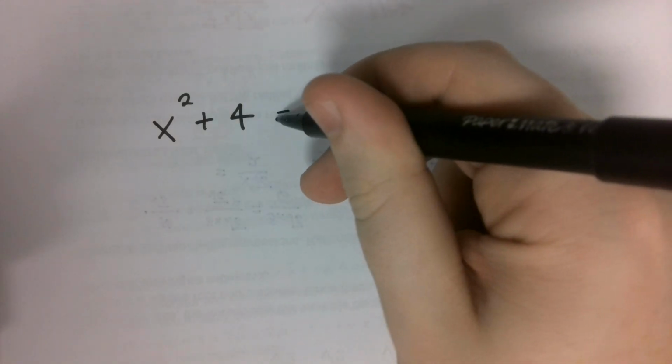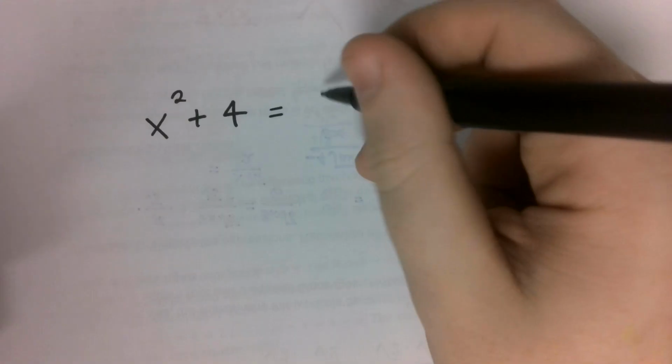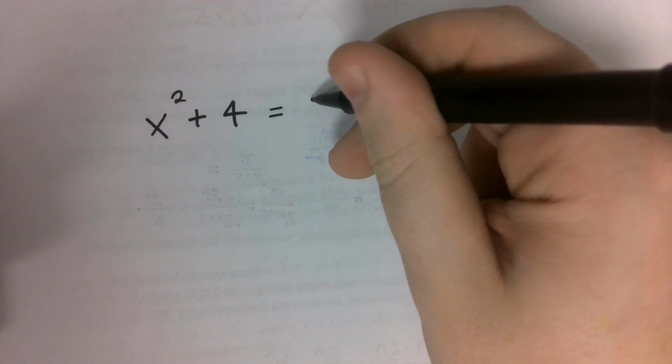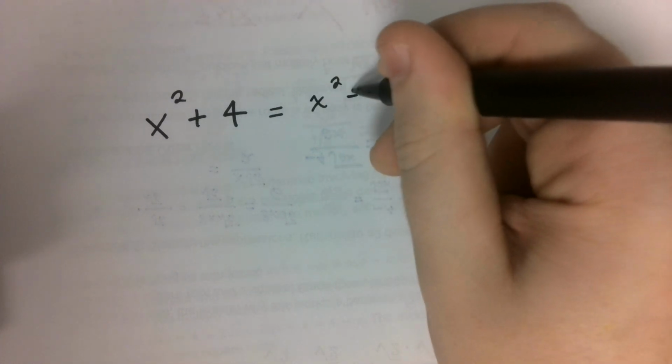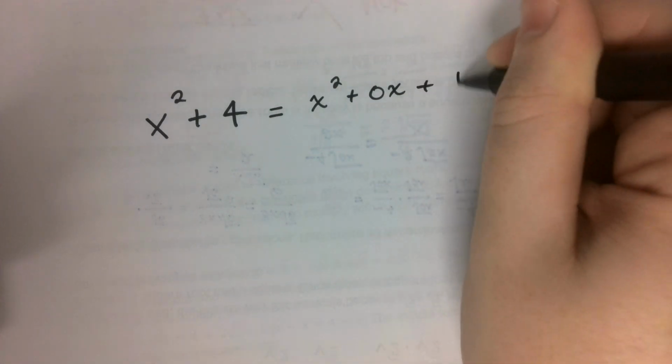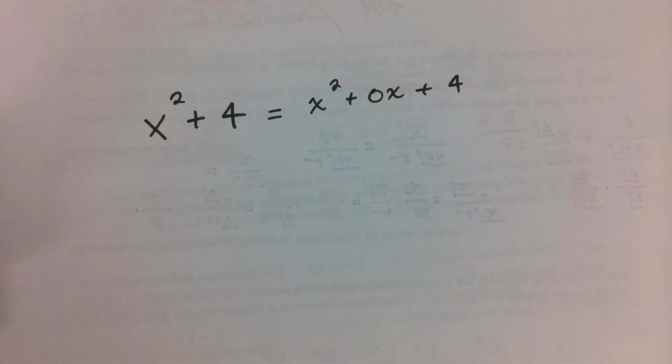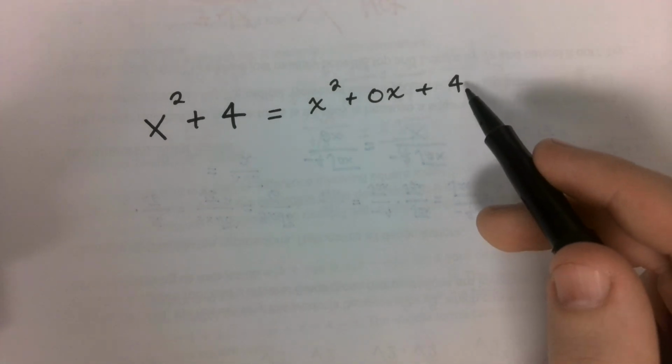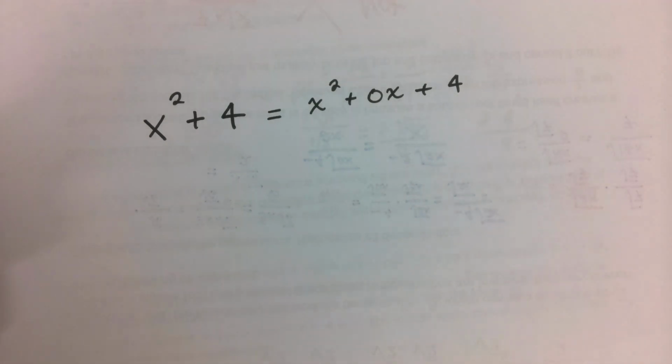And what we learned is this. When finding this, essentially try writing it as x squared plus 0x plus 4. We're trying to think of 2 numbers that multiply to make 4, but cancel each other out. And it turns out there's only 2 numbers that do this.